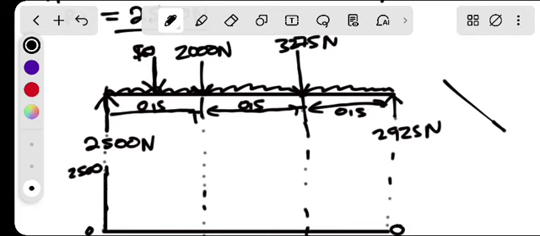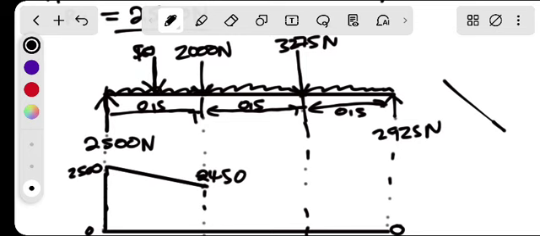If I estimate somewhere there, then I can go there. All right, there I'm having 2,450 Newton.